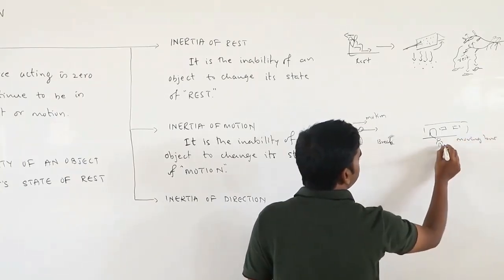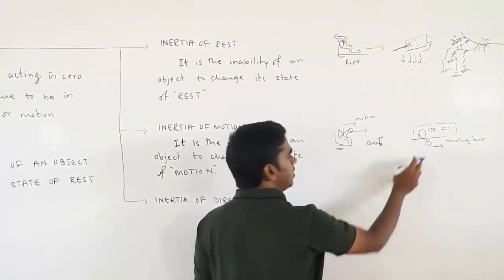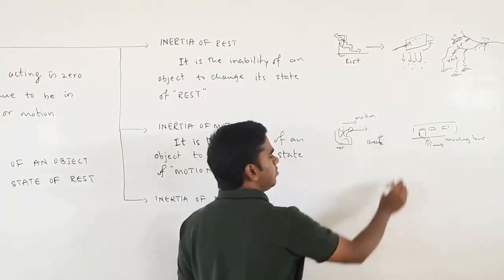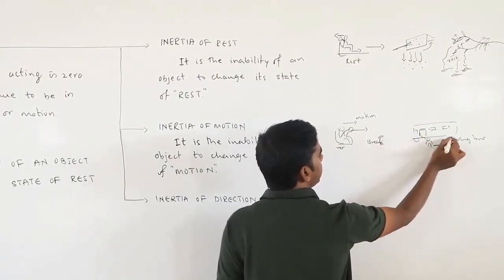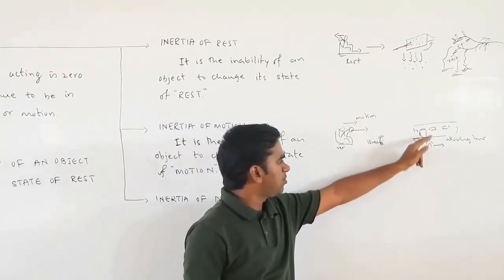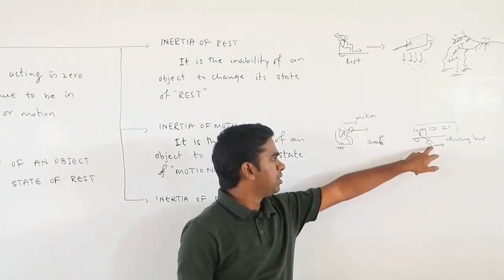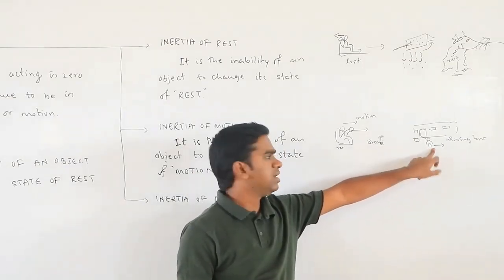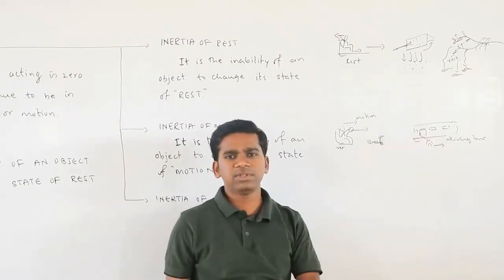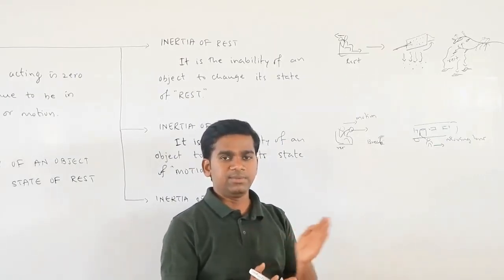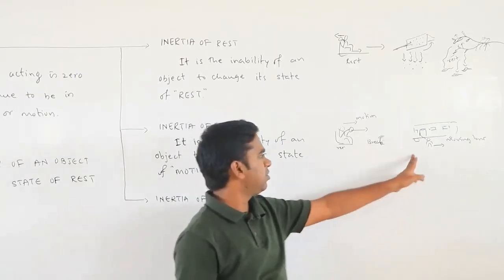You have to run for some time, because your body is still in motion with that bus. When you get down suddenly, your body comes in contact with the earth, which is at rest. It is not possible for the body to suddenly change its state of motion to rest.